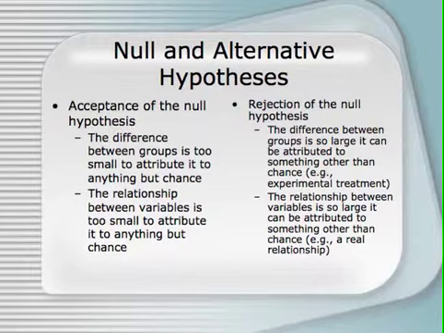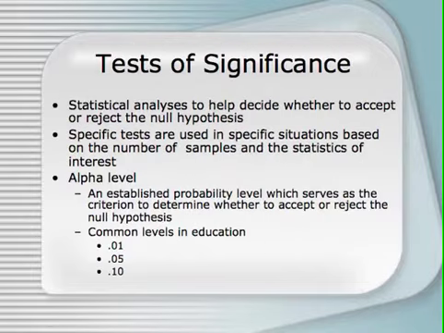For example, the experimental treatment. In our case, it would be the technology. And the same for relationships: the relationship between the variables is so large that it can be attributed to something other than chance, that a true relationship actually exists between those variables and it just didn't happen by chance.